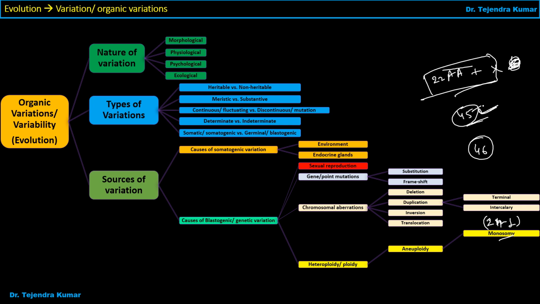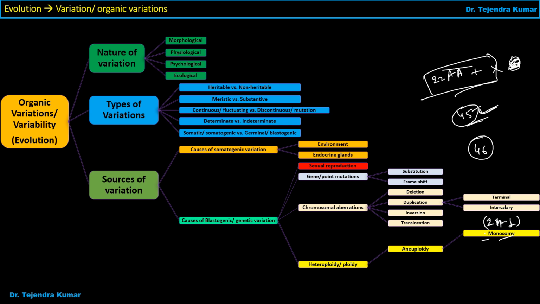Okay, and there are lots of examples where we are talking about this. Sometimes an extra chromosome is there, sometimes a smaller number of chromosomes is there.